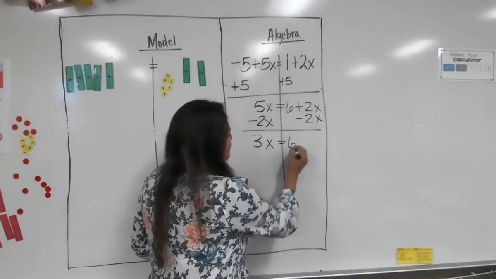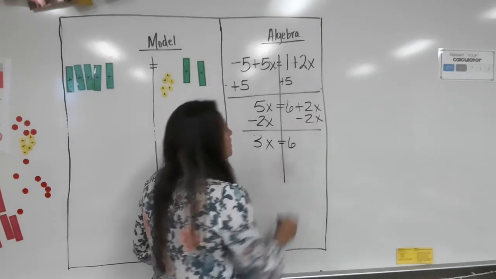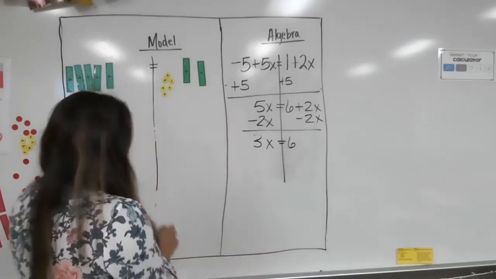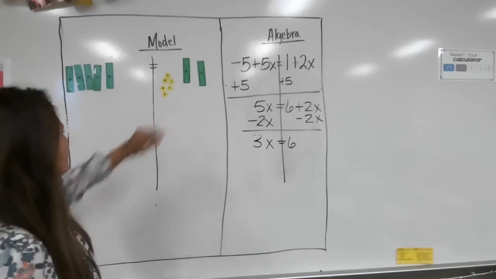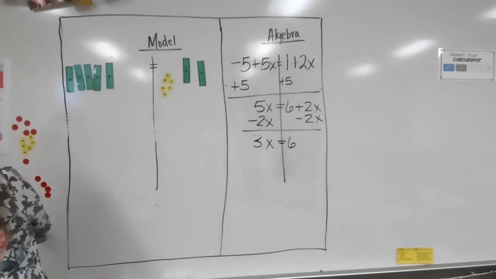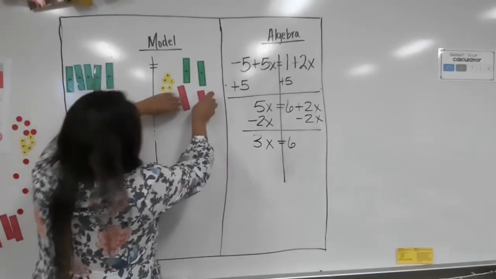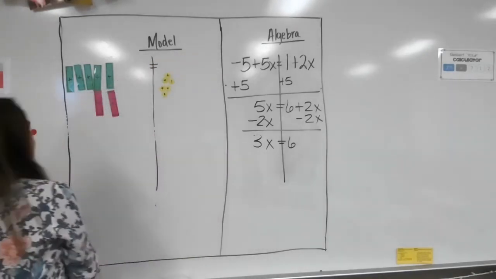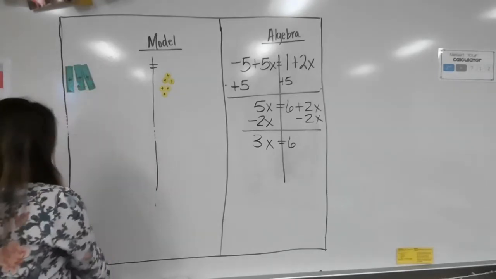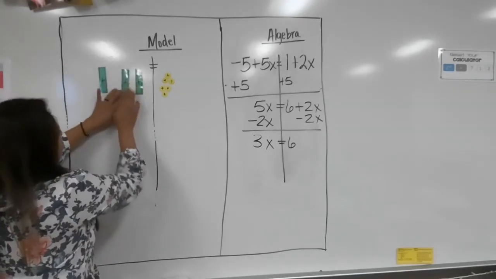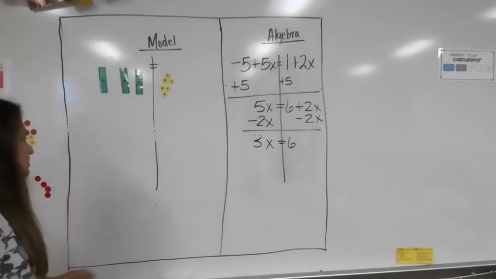We have 6, and 2 minus 2 is nothing, so it goes away. When it comes to the algebra tiles, 2 negatives, 0 pairs, goodbye, 0 pairs, goodbye, and I have 3 x's and 6 variables.